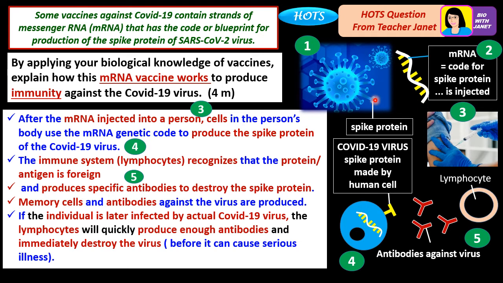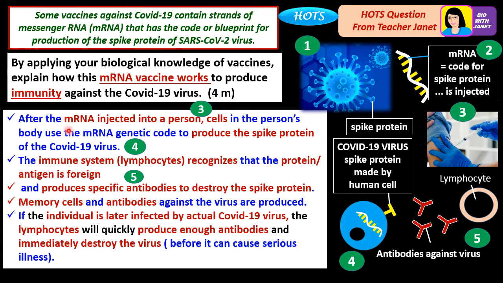All right, they know the genetic code of the virus already. So it is a strand of messenger RNA that has the instructions to make the spike protein. Okay, so this is the substance that is put into the mRNA vaccine, which is injected into the body of a patient. So the question is, how does this mRNA vaccine work?